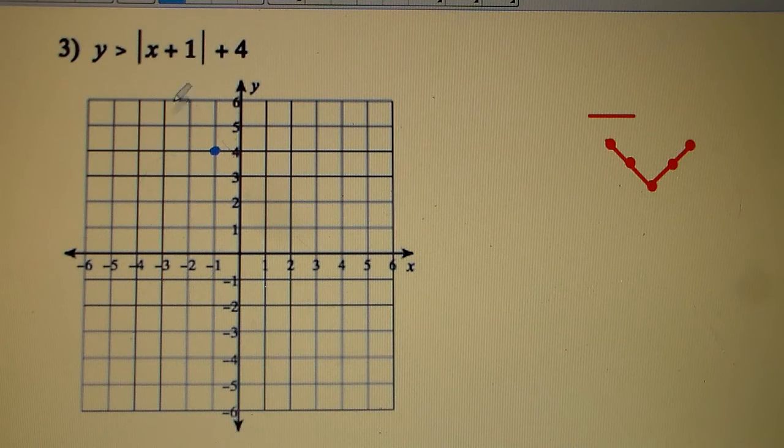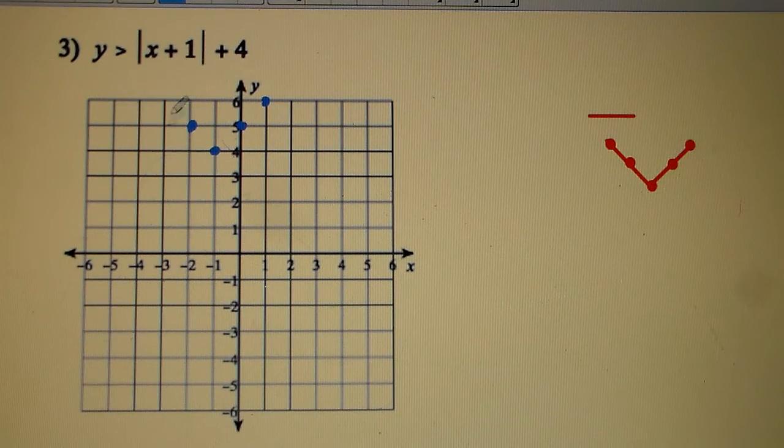Then we plug them all in. If we plug in 0, 0 plus 1 gets you 1, 1 plus 4 gets you 5. Plug in 1, 1 plus 1 is 2, 2 plus 4 is 6. We plug in negative 2, negative 2 plus 1 is negative 1, the absolute value of negative 1 is 1. 1 plus 4 gets you 5.